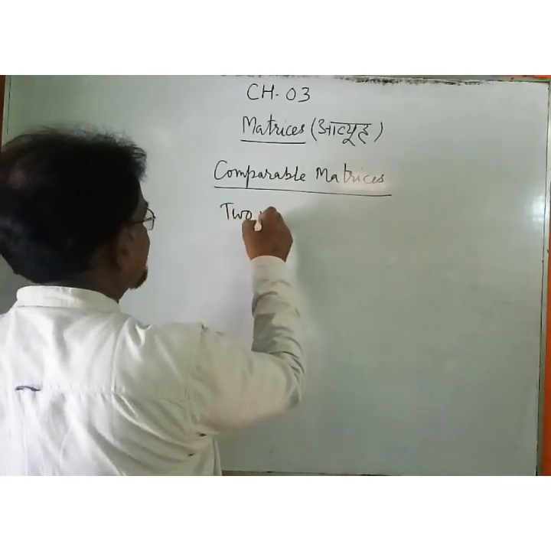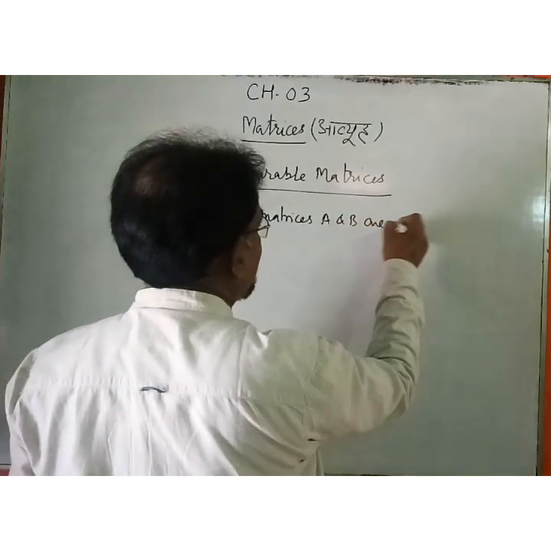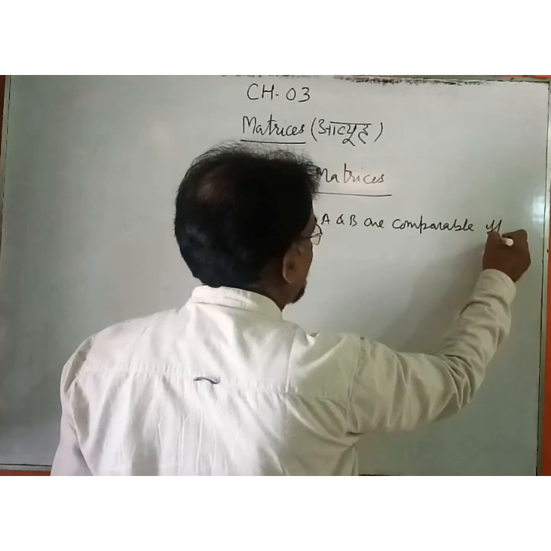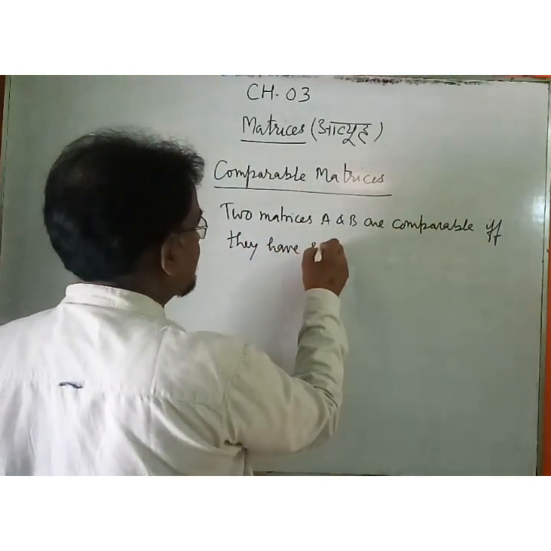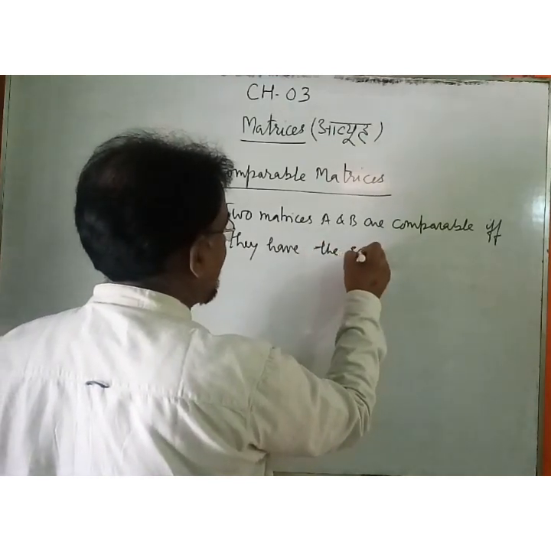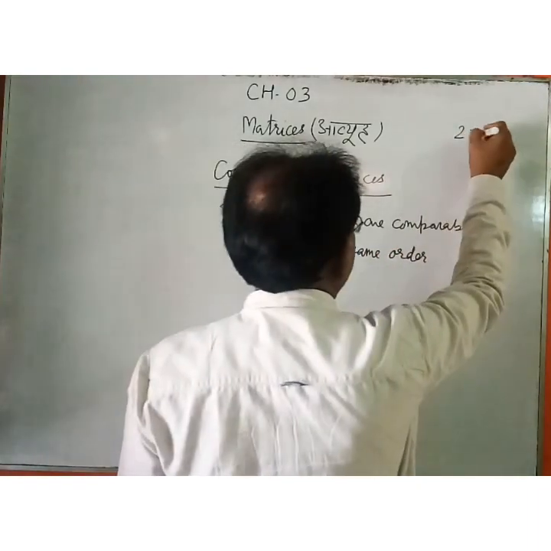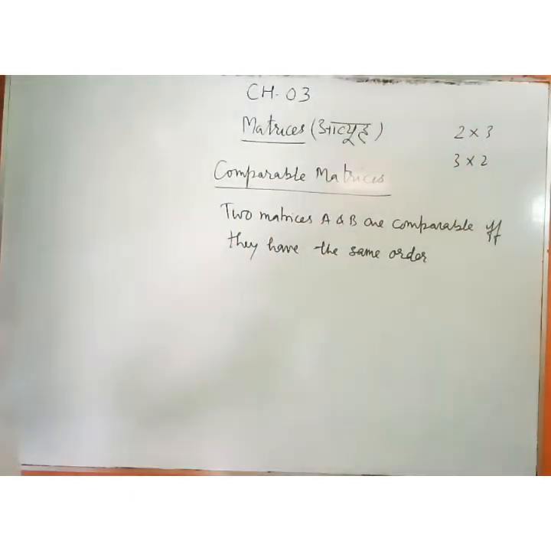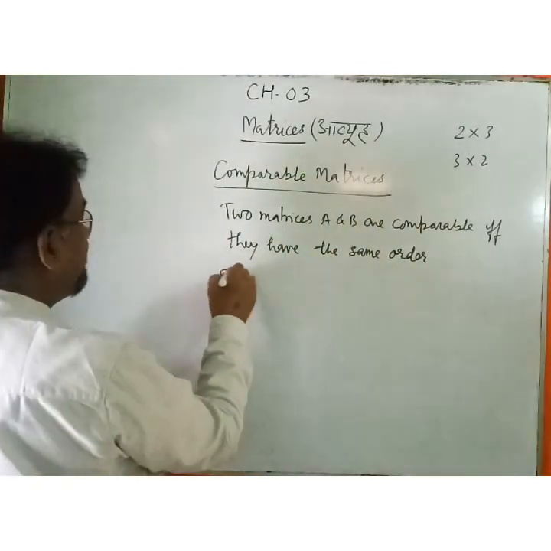Two matrices A and B are comparable if and only if they have the same order. Here one thing should be clear: 2 by 3 and 3 by 2 are different orders. Only two matrices of the same order can be comparable.